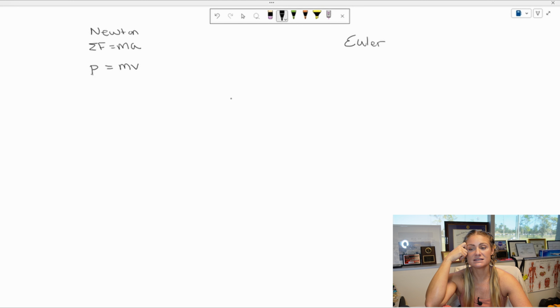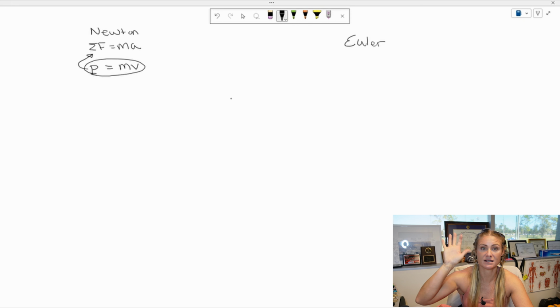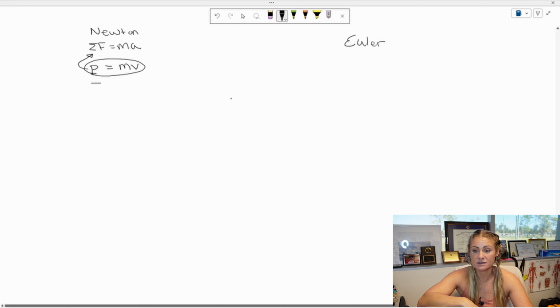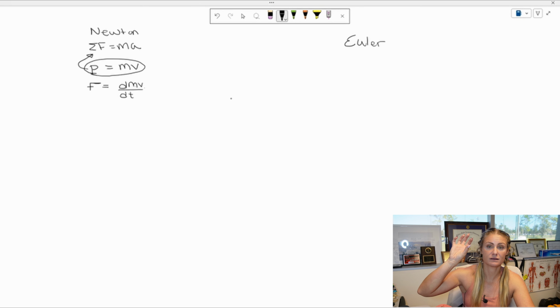So this was created first, because he also said that an object is not going to start moving unless something forces it, right? So he said that the external forces equal the change in momentum. So it's going to be the change in the object's speed, right? If the object is just resting and then an external force comes and pushes it, its speed is going to change.